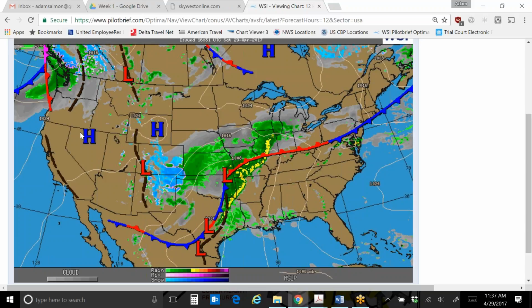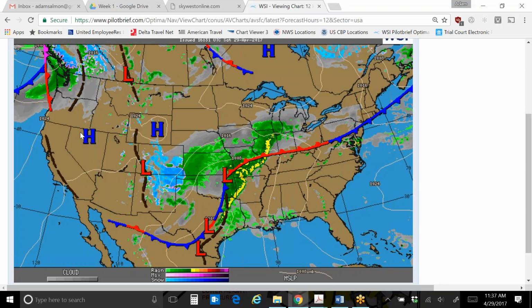And let's say you've got a low sitting over here, its wind is going that way. These are spinning, this one this way and this one this way, but generally overall here in the U.S., they're still moving from west to east. So even though they're spinning, they're still moving this direction.